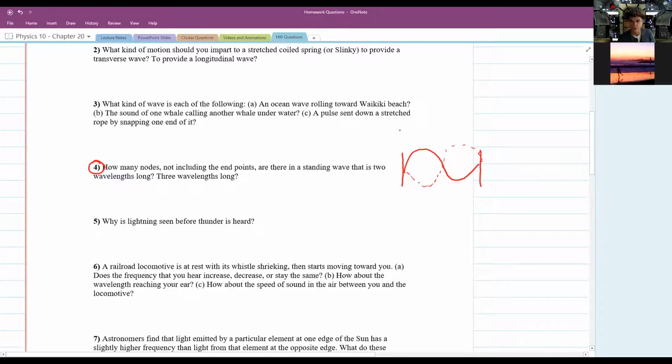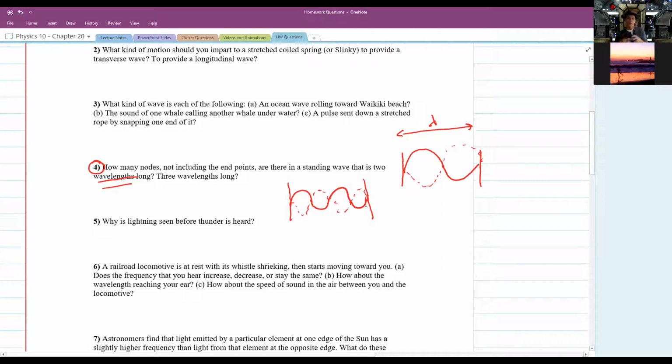So this right here would be a standing wave that is 1 wavelength long. If I want to know about a standing wave that's 2 wavelengths long, here's 1 wavelength, here's the second wavelength. So my standing wave would look something like this.